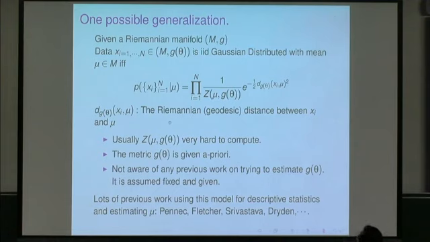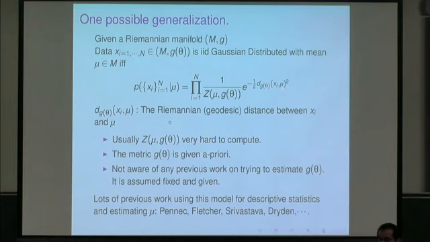Then the first simple model says your data is independent, identically distributed, with samples drawn from a probability distribution in which you naively replace the exponent with one half of the Riemannian distance from your data points to the mean mu.